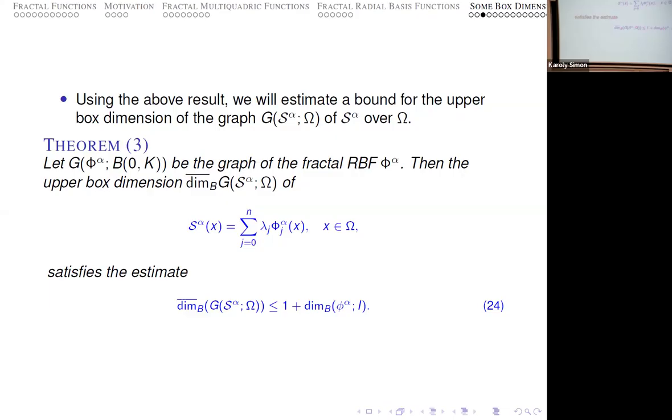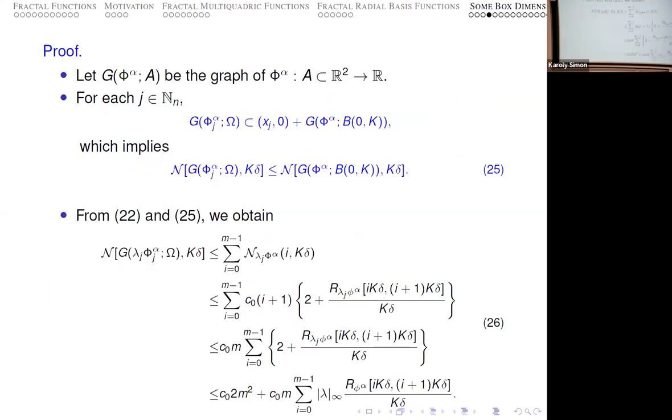Because this dimension result for the small phi alpha is known to us, we can get this result. Here you have to shift, because the graph of this one is shifted by this x j, so x j 0 plus we have to shift the ball here. So the number of balls required to cover this is equivalent to the number of boxes required to cover this graph.